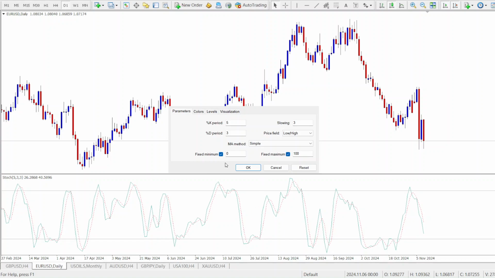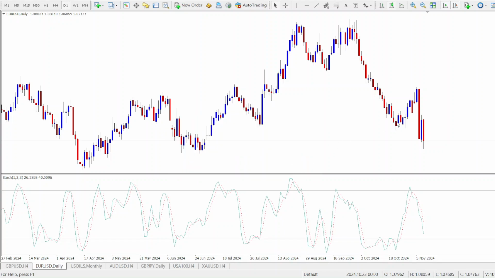On the other hand, the percentage D line is the smoothed version of the percentage K line. It's usually a 3-period moving average of the percentage K. As we can see, the main line is the light sea green colored line, while the signal line, or the percentage D line, is the red colored dotted line.